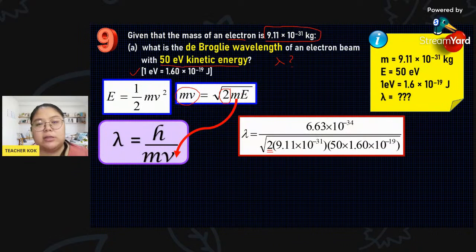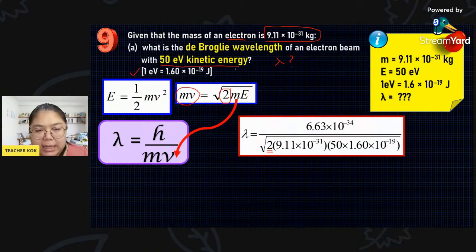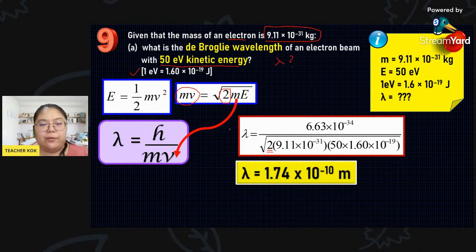You cannot say v is 3 times 10 power of 8 and then find lambda, because they provide the kinetic energy. So from here the lambda we get is 1.74 times 10 power of negative 10 meter.